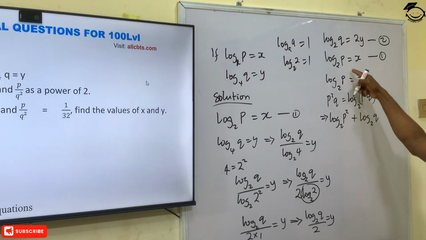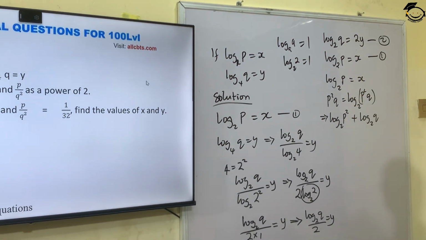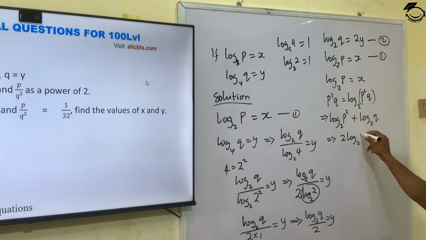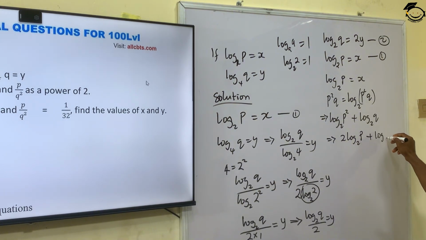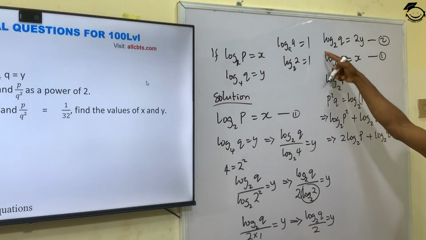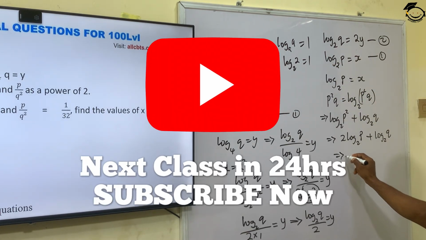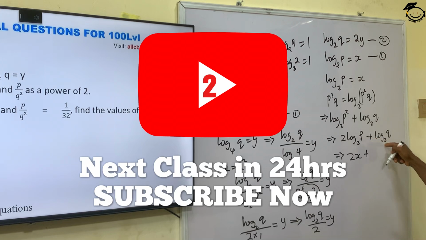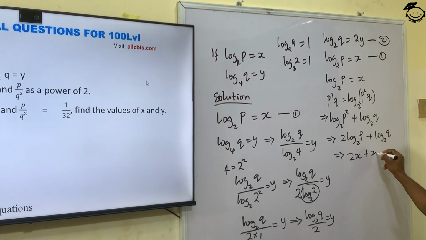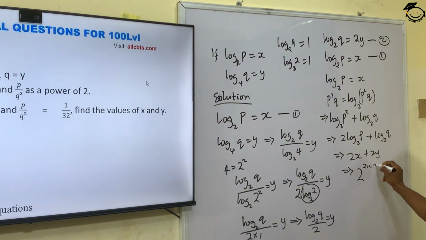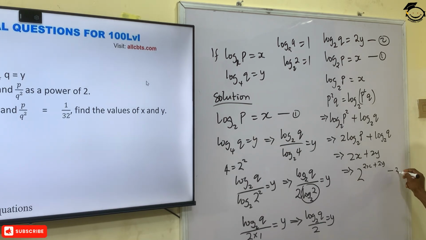We know that log₂p is x, so this becomes 2x plus our value of log₂q, which is 2y. So in the powers of 2, this will become 2 raised to the power 2x plus 2y. Let's call this equation 3.